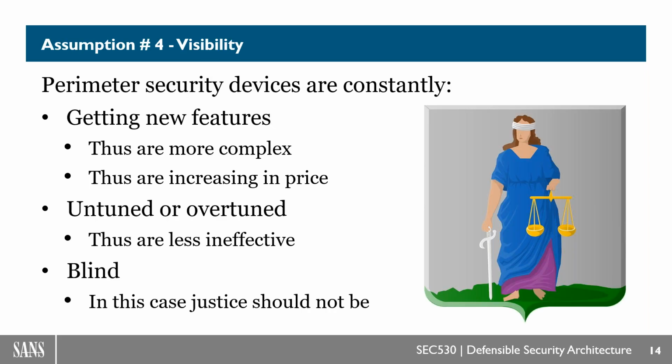Okay, then I'm going to say maybe potentially the most important assumption with perimeter security is this concept of visibility. You see, in the United States, we have this concept of justice is blind. Basically, everybody should be weighed and measured accordingly.